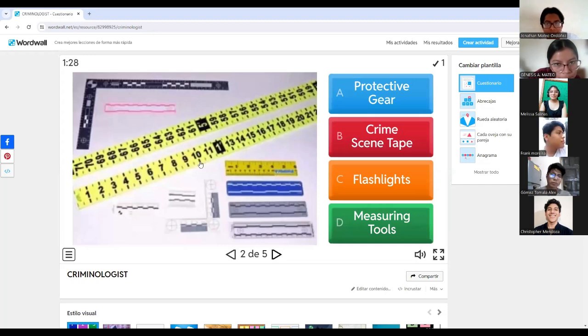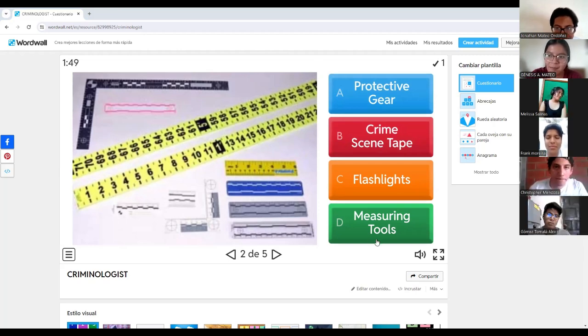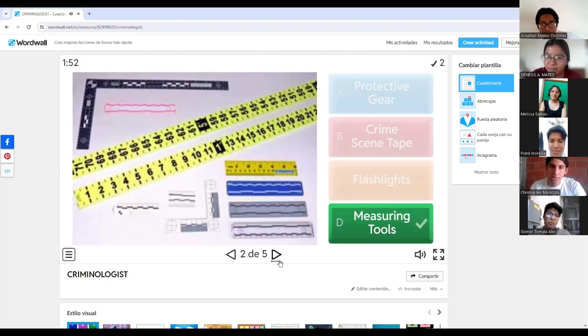Okay, what kind of equipment is this? We have protective gear, crime scene tape, flashlights, or measuring tools. Letter D, measuring tools. Yes, correct. Measuring tools.